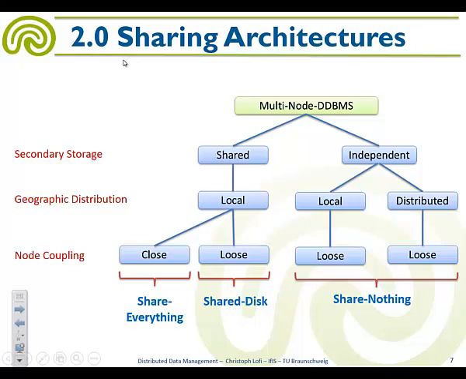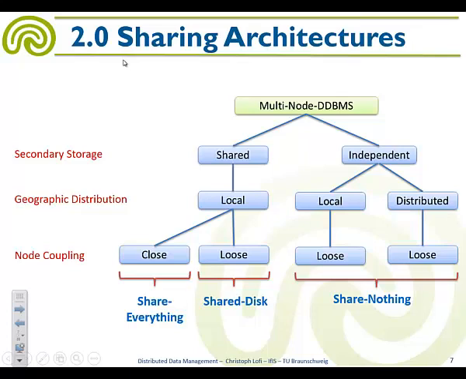And if somebody claims that he actually has shared secondary storage, then that's usually not correct, because usually when you have wide area network in between, it's actually an independent system which tries to act like it's a shared system. So shared secondary storage usually implies that you have a local geographic distribution.